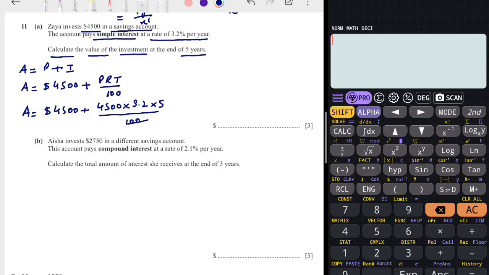20 will cut by 2 zeros. Now we have to multiply the remaining values. So amount would be equal to $4,500 plus, we'll use the calculator, 45 times 3.2 times 5 is equal to 720.